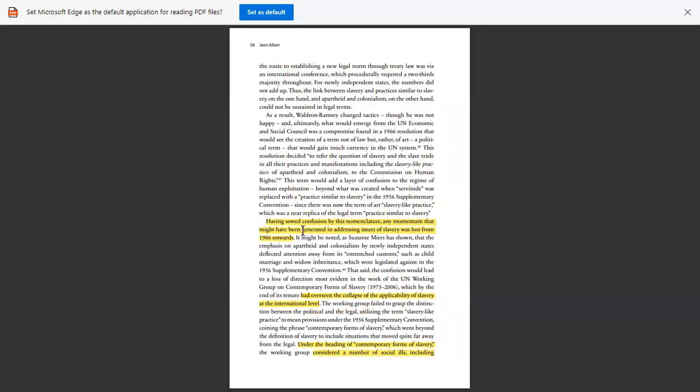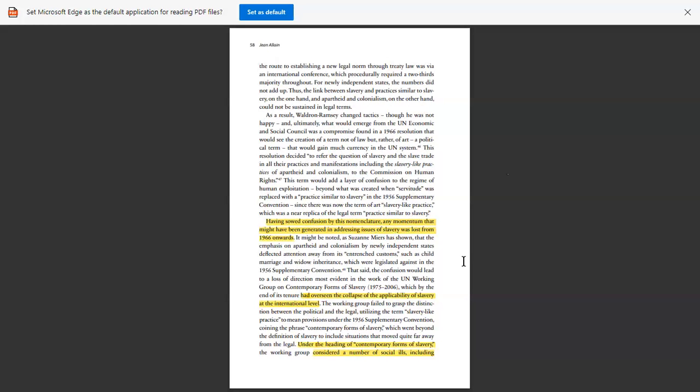So having sowed confusion by this nomenclature, any momentum that might have been generated in addressing the issues of slavery was lost from 1966 onwards. So again, all of these conventions and treaties and conversations on basically debasing the currency of language, all they did was sow confusion and take away the momentum that might have been generated in addressing what we're dealing with today.